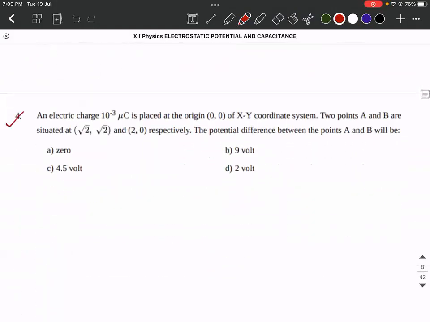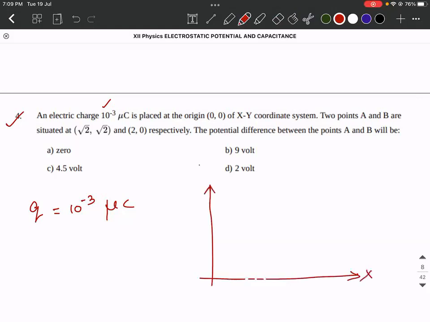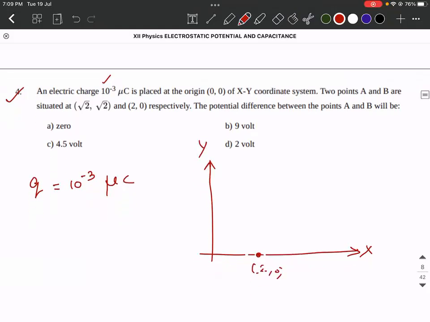Fourth, an electric charge of 10 power minus 3 microcoulomb is placed at origin. Two points A and B are situated at root 2, root 2, it will be 2, 0 and root 2, root 2.